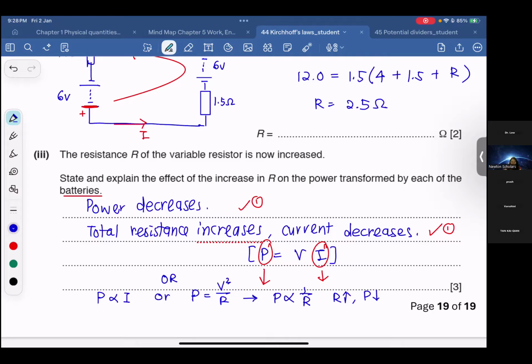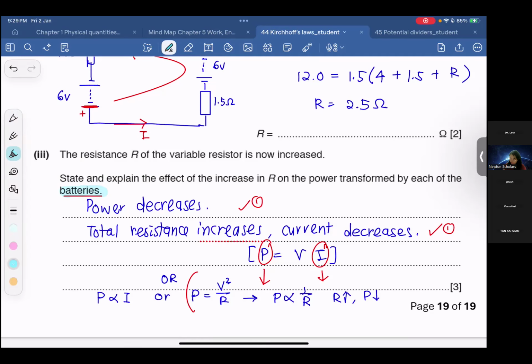So for this one they're using P equals V squared over R. The V is the EMF because now we're talking about the battery. EMF is a constant value, squared, so it doesn't matter, divided by resistance. So power is directly proportional to 1 over R. When the total resistance R increases, power will decrease.